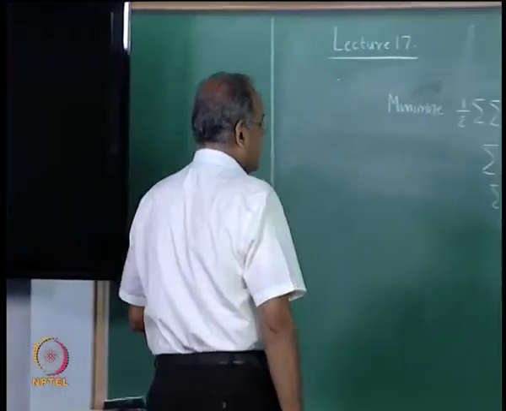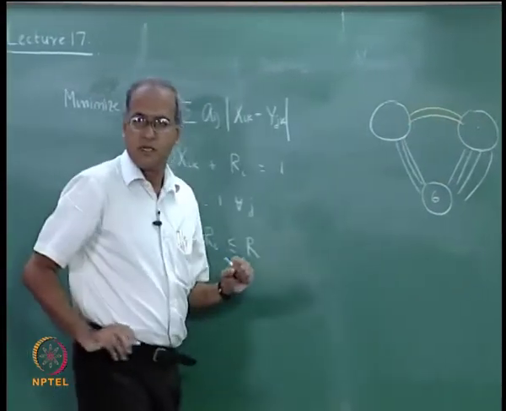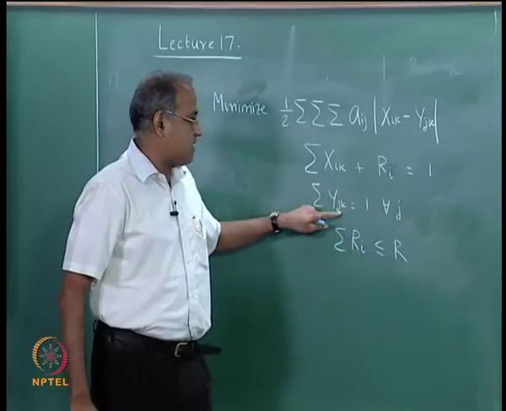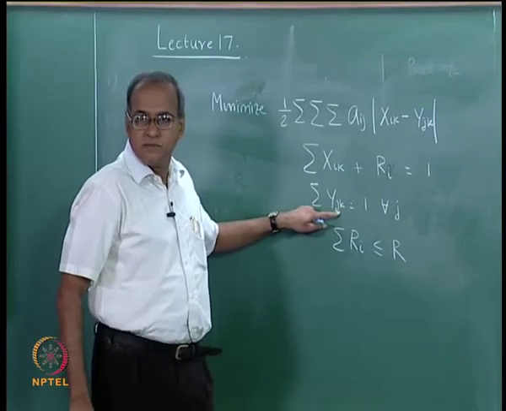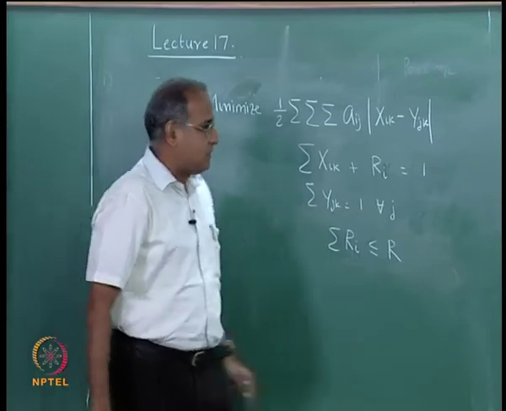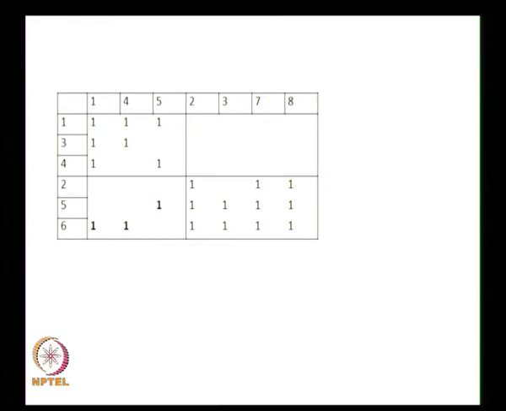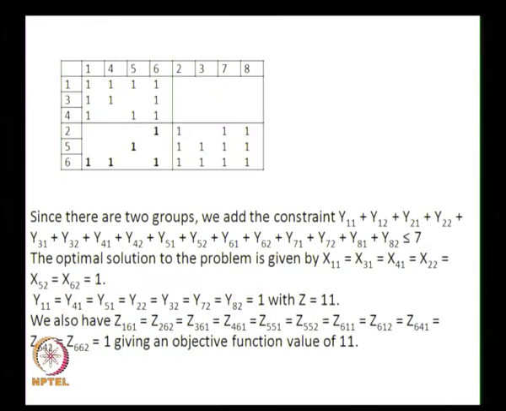Now, parts are not assigned to the remainder cell, parts are assigned either here or here. So, this is fine, sigma y_jk is equal to 1. Now, when machine number 6 is assigned as a remainder cell, going back to the matrix, let us see what happens here.